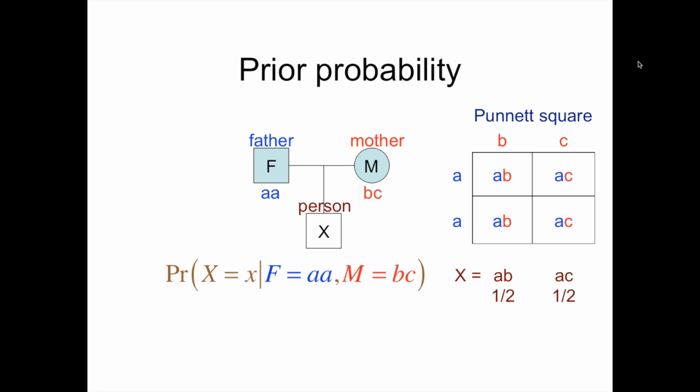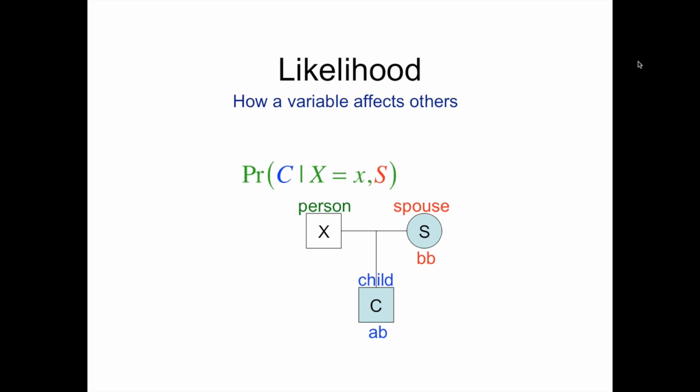So that's the flow of information, and now that's the starting point for what has influenced the random variable X. The likelihood asks the other question. It asks, how does the variable influence other variables? How does it affect other variables?